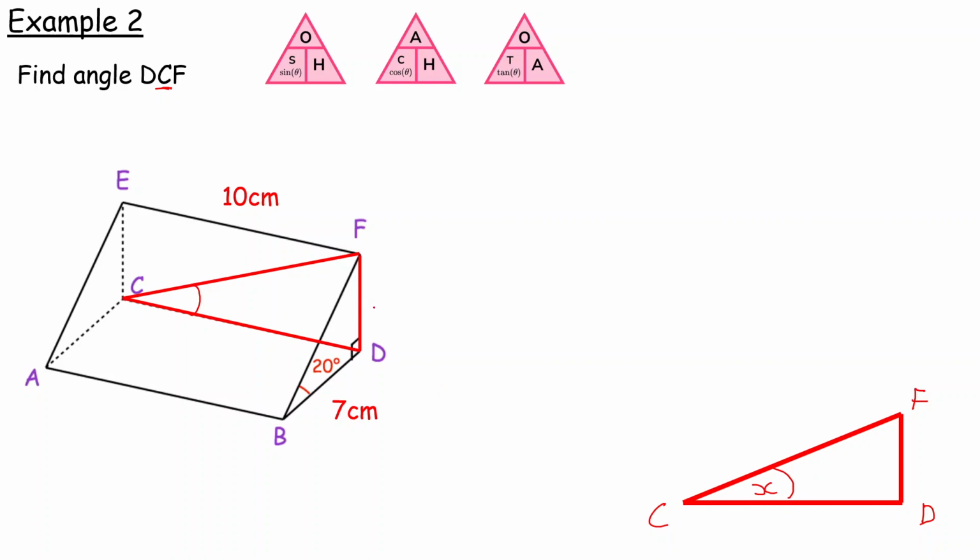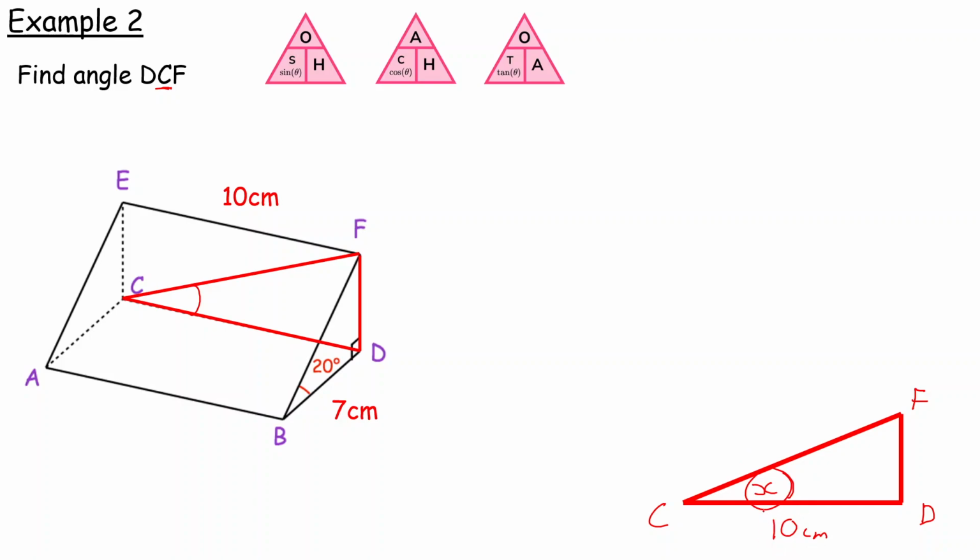What do I know here? Well, that's this length here, E to F, is 10 centimeters, which must be the same as C to D, because they're the same edges in the triangular prism. So C to D down here is 10 centimeters. Now again, it's going to be tricky because I've got a missing angle, but I've only got one other side to help me get there.